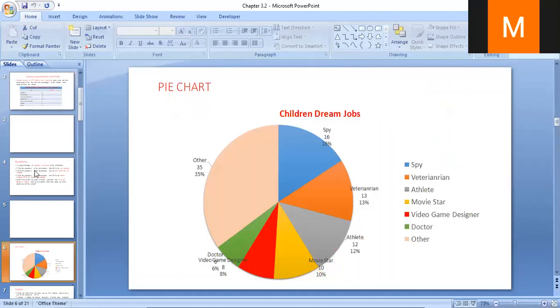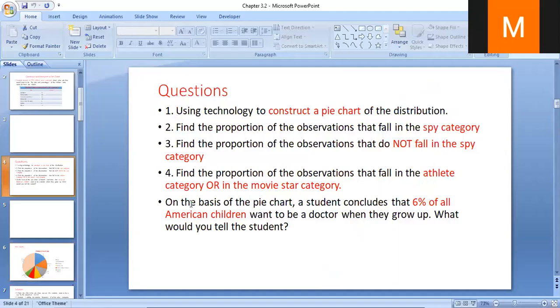And the question, this one: on the basis of the pie chart, a student concluded 6% of all American children want to be a doctor when they grow up. What do you tell the student? You look at the pie chart, we have 6% of children who want to be a doctor.